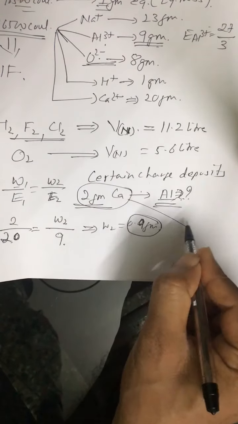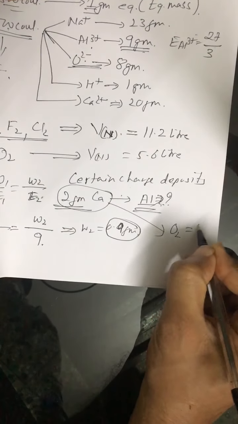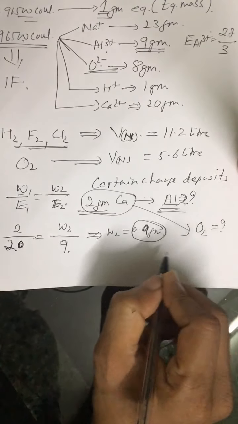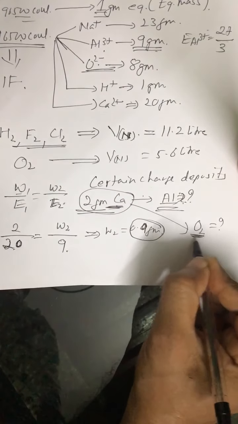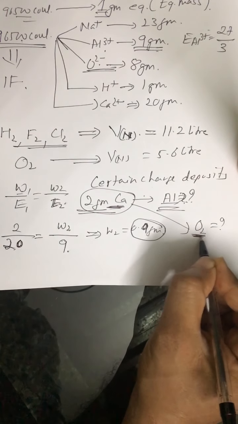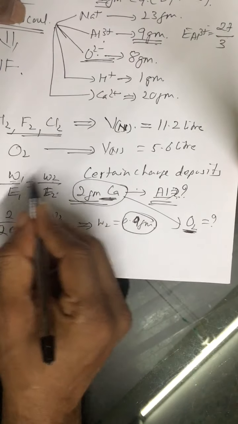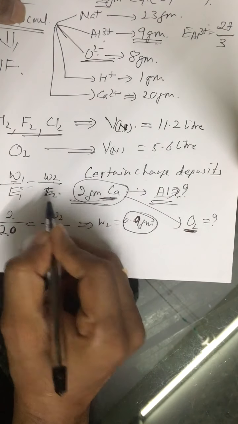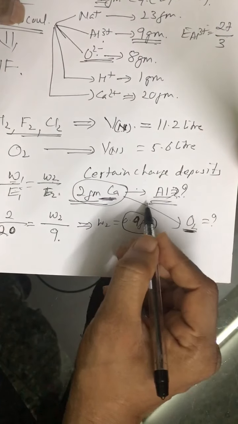Now, see, the same question. Now it asks about, say, the same amount of charge can evolve what volume of oxygen. Means the amount of one substance is given, and the second amount is not asked, they are asking about volume. In books you will find the same relation. They calculate W2, and then that W2 is finally converted to volume.